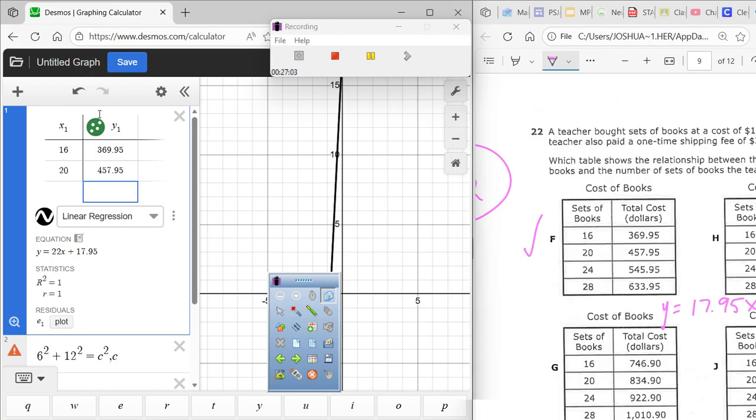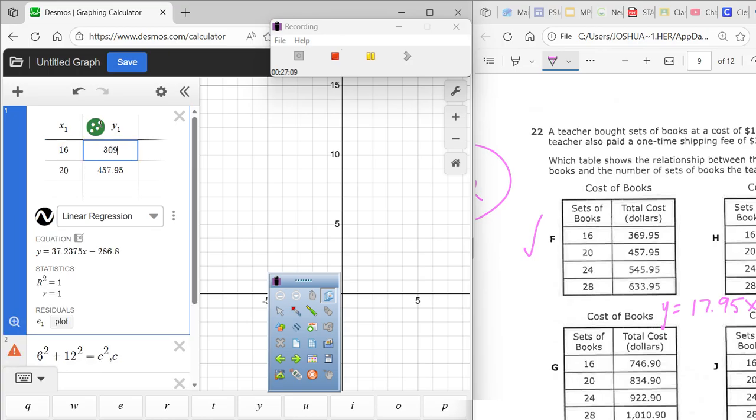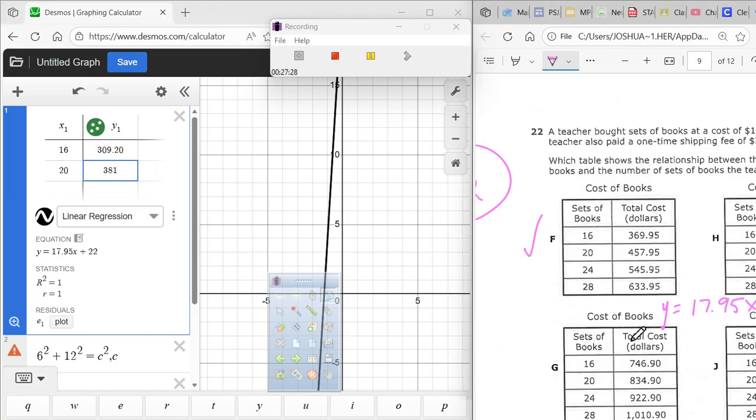Okay, 309.20. And then 381. And there it is. It's already giving me the answer right there. You see it? So with these two points down over here, as a coordinate like this and a coordinate like this, it goes ahead and matches up here.